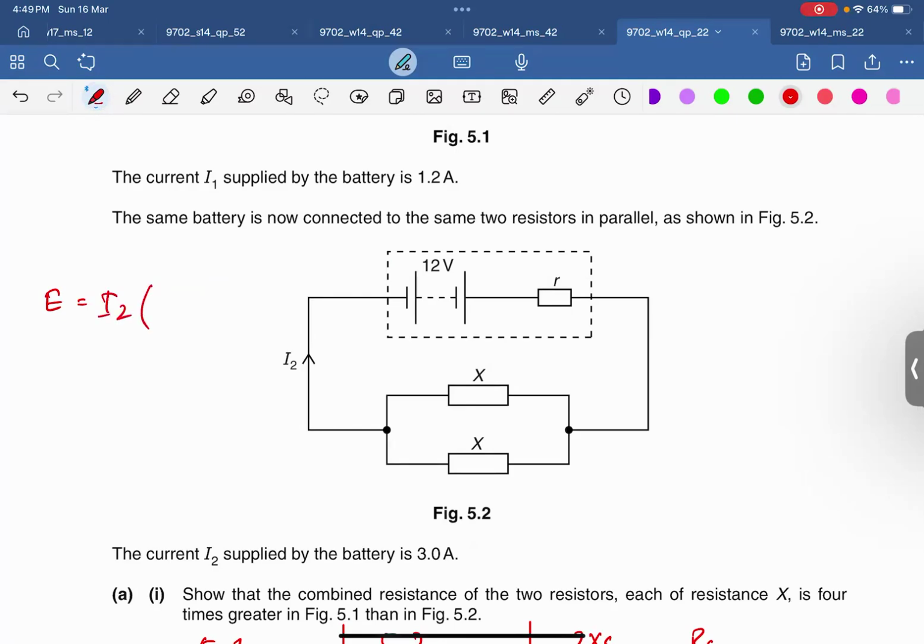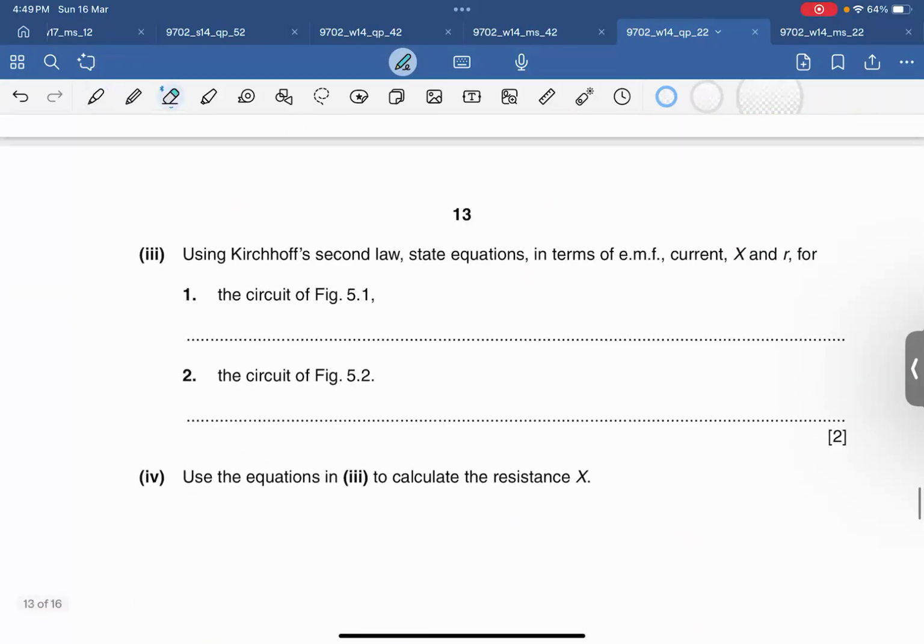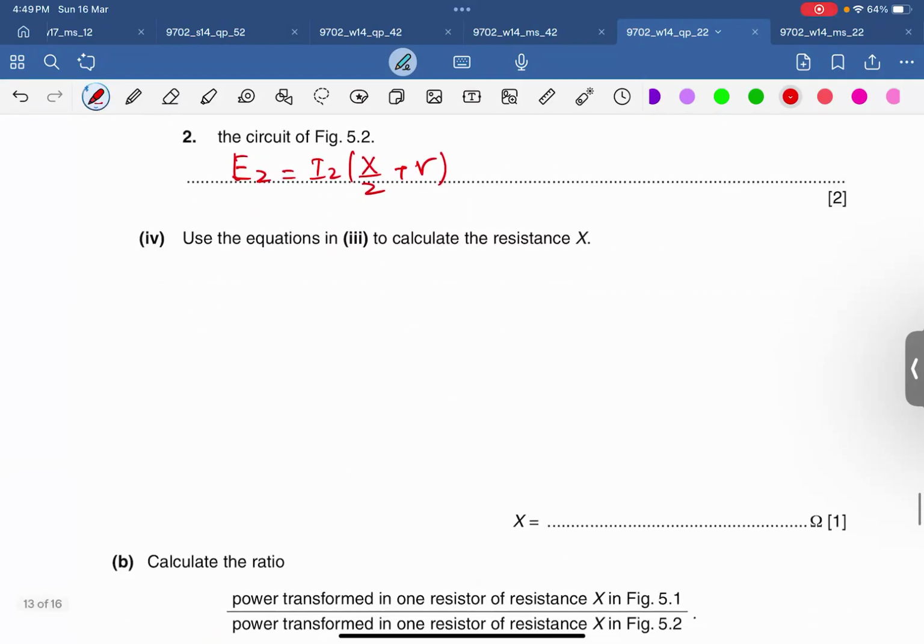And the total resistance for these two would be x over 2, so x over 2 plus R, right? Is that clear? Yes, sir. So we have E1 equals I1 times 2x plus R, and E2 equals I2 times x over 2 plus R. Okay, move ahead.